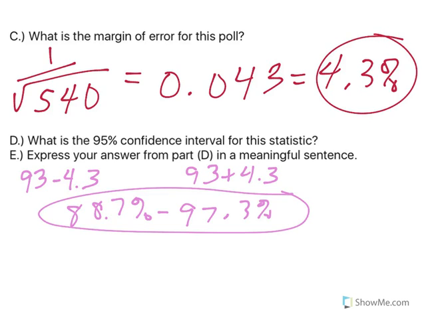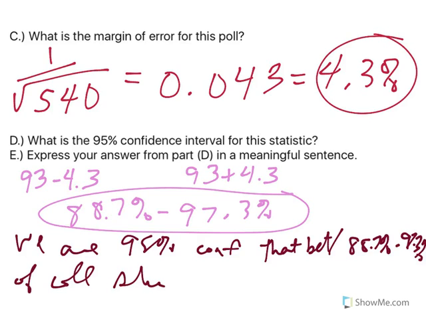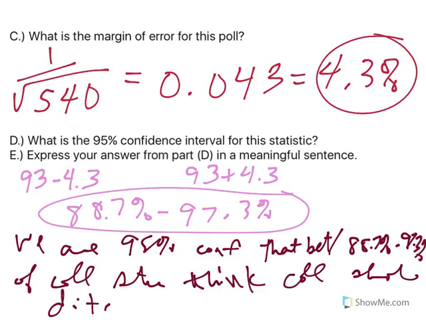So when I write my sentence, we are 95% confident that between 88.7% and 97.3% of college students think colleges should ditch final exams, right?